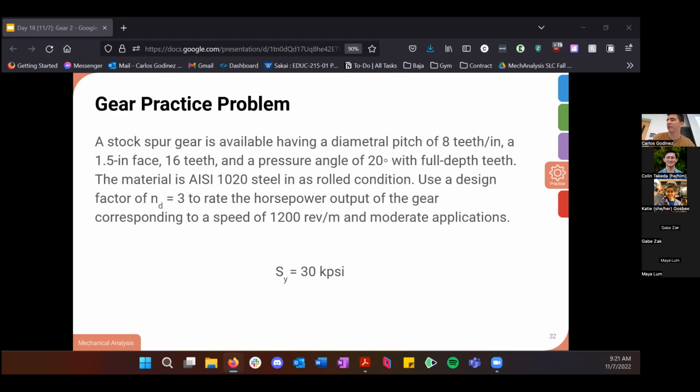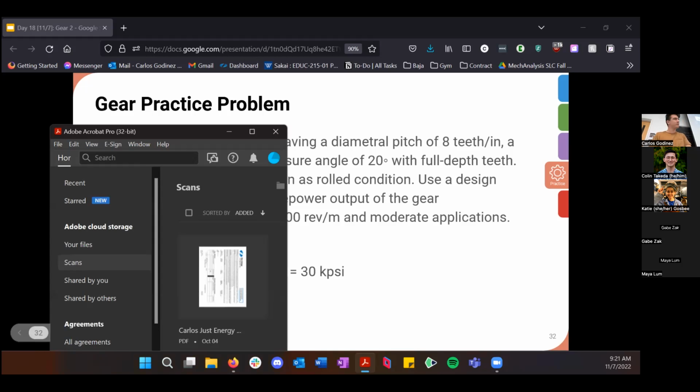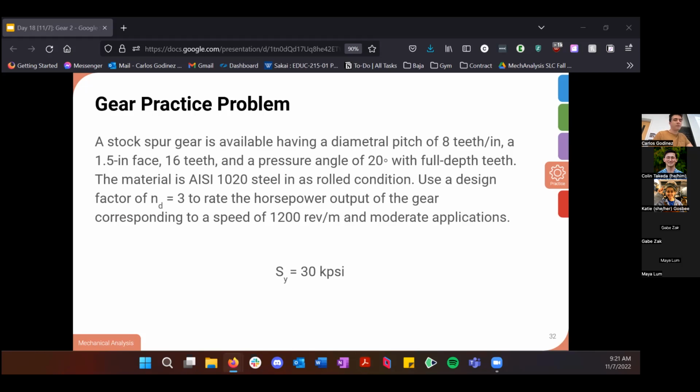Zoom folks, how y'all doing? Any questions? We're doing okay so far. Actually, that's my A factor of 1.3. That's close to what I got.